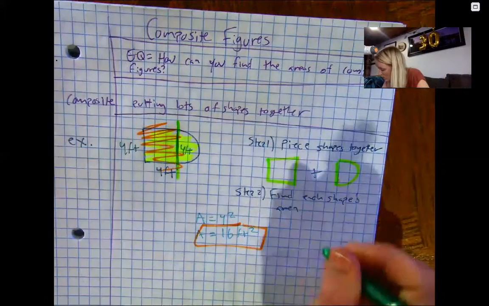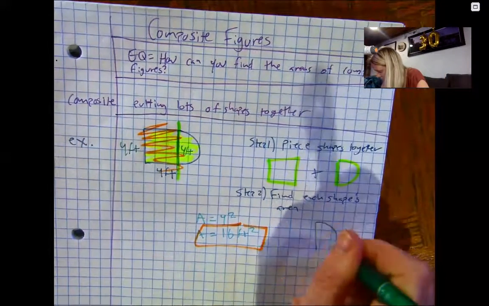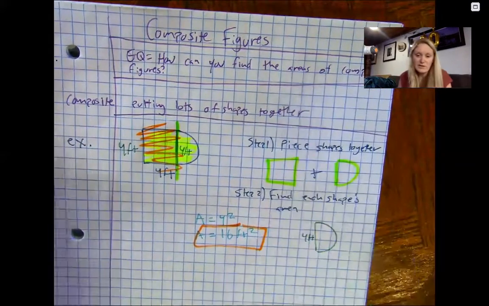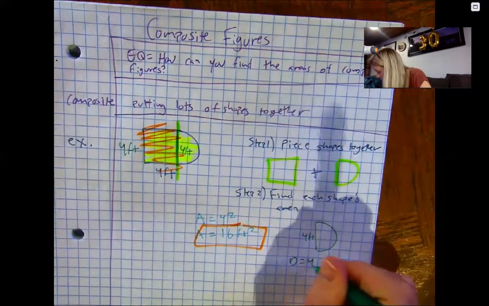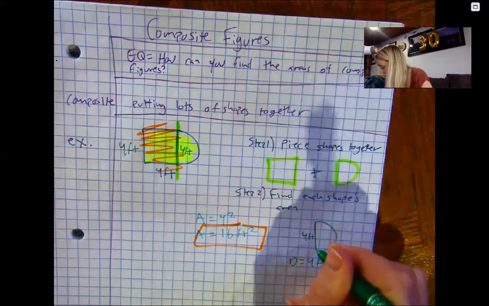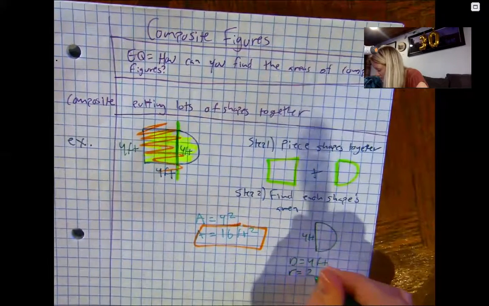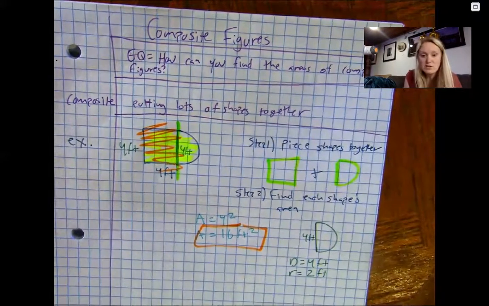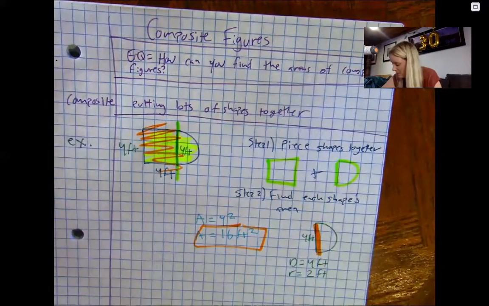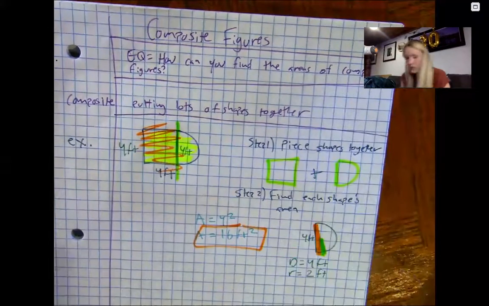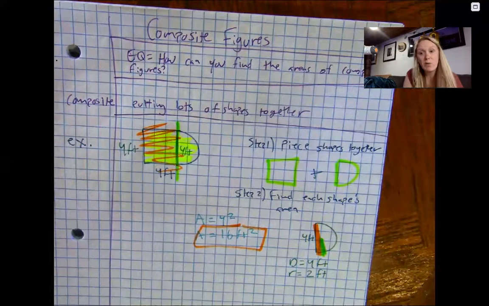So if I draw that little half circle here, that is 4 feet. All the way across the circle is called the diameter. So if the diameter is 4 feet, because it's all the way across the circle, the radius is half of that. It's 2 feet. Well, sweet. Now I know what to do from there because I know how to find the area of a circle.